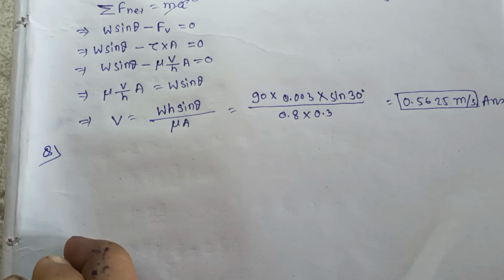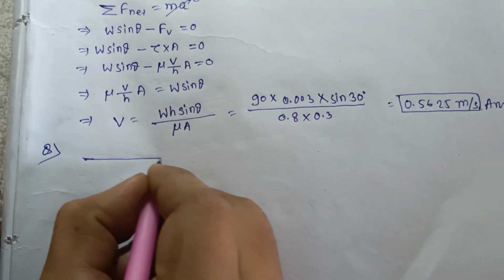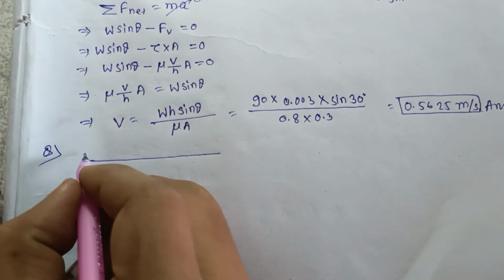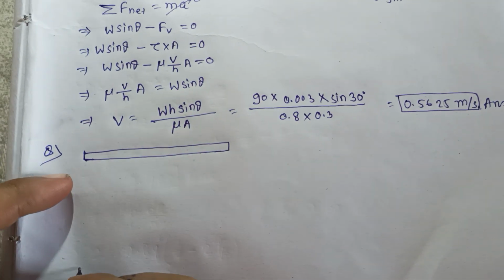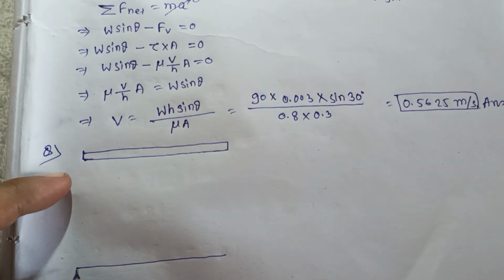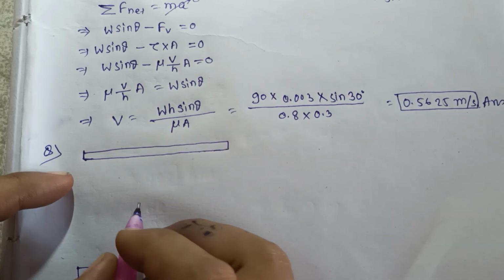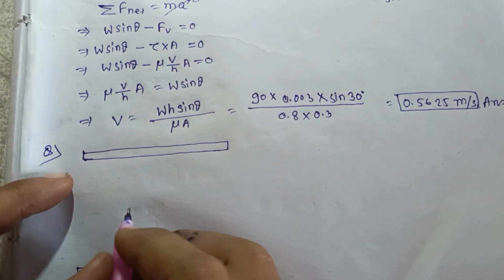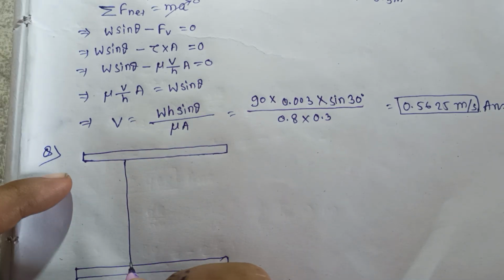Each plate is 1 meter square in area. So this is one plate and this is another plate, and there are two fluids.